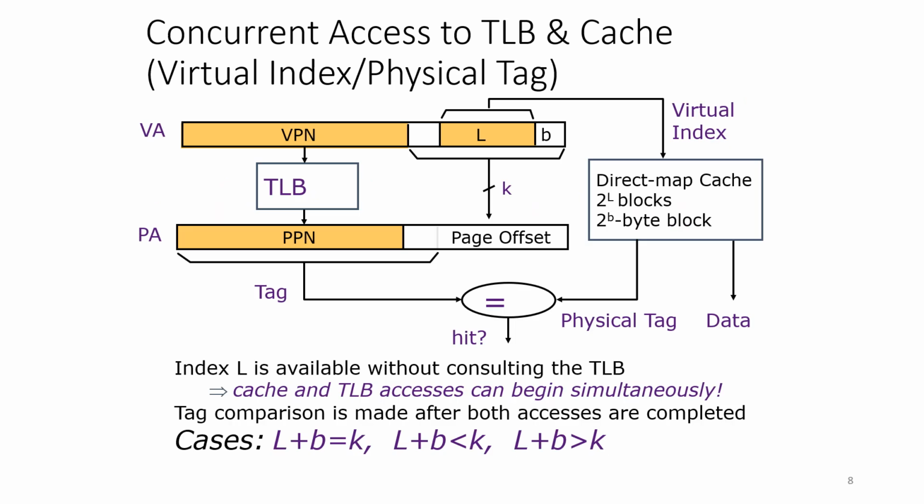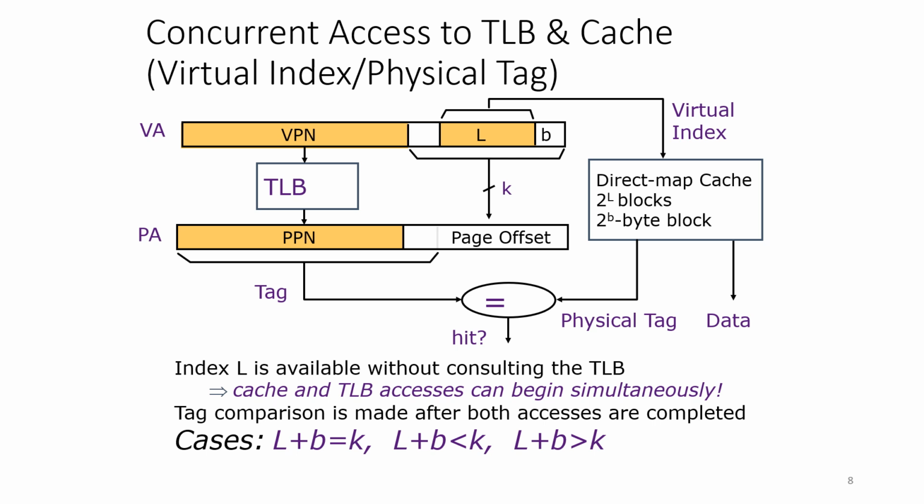This figure illustrates the last option, having a concurrent access to the TLB and cache. This is done by putting some restrictions on the page size compared to the number of sets in the cache. If the number of sets is small enough, the index can be taken from the page offset in the address, which is not affected by the address translation. Therefore, this is used to index the cache. However, the address tag in the cache is still the physical address, so when comparing the tags, the physical address needs to be used.